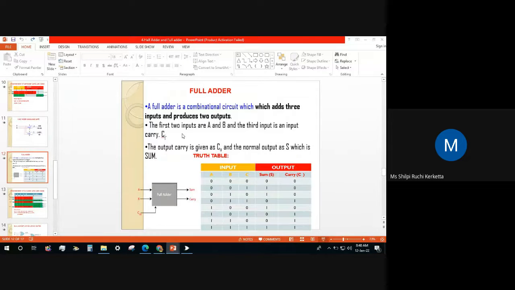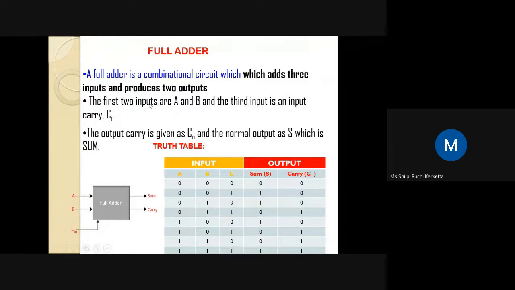So we will start with the full adder. In a half adder, we were only adding two inputs, but in a full adder we have to add three inputs. So here we have three inputs and two outputs, one is sum and one is carry.